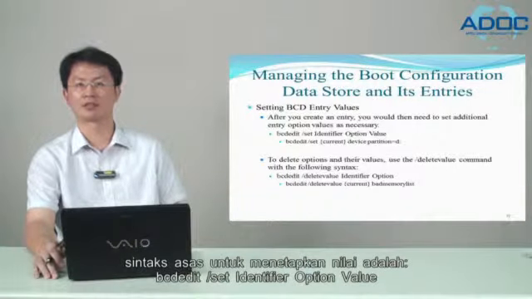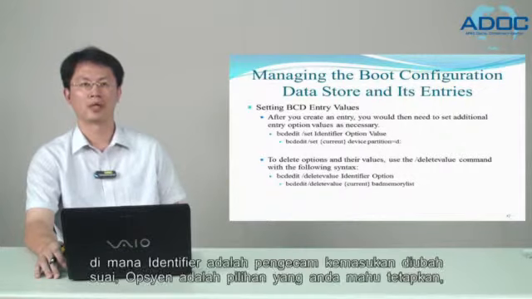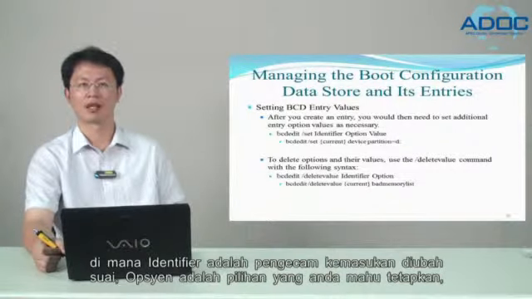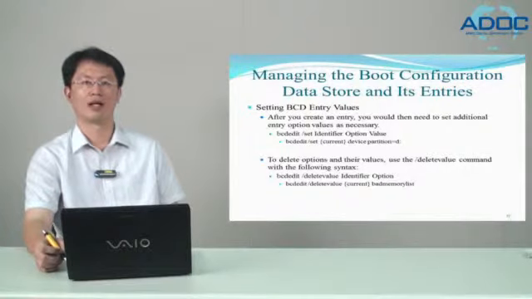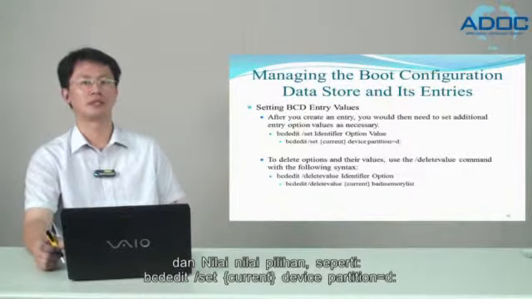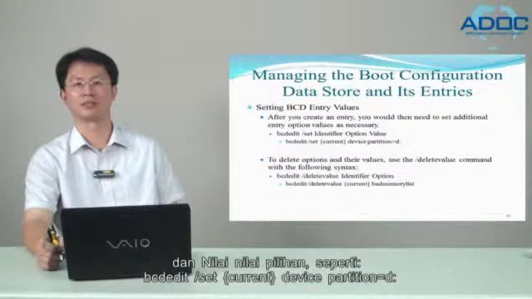The basic syntax for setting a value is bcdedit /set identifier option value, where identifier is the identifier of the entry to be modified, option is the option you want to set, and value is the option value, such as bcdedit /set current device partition=D:.